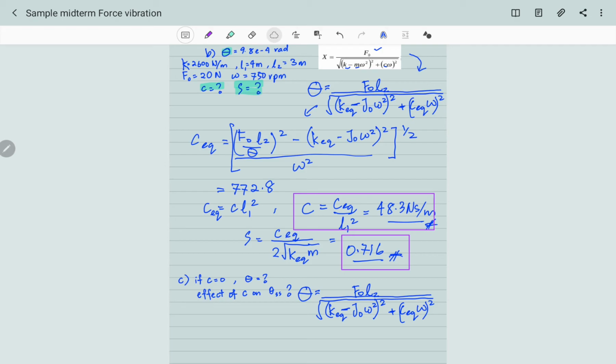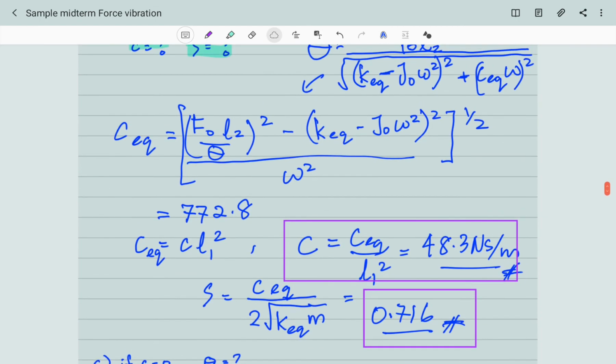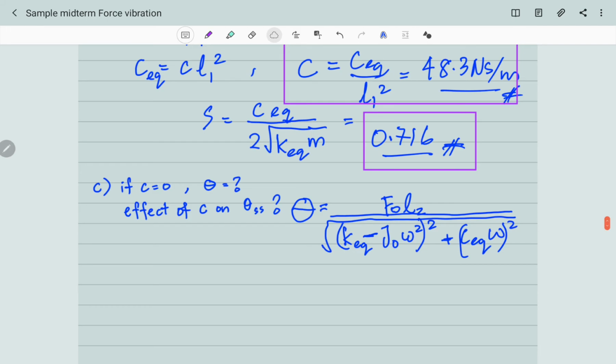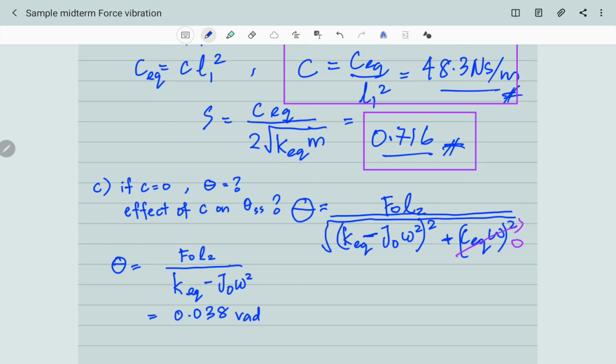For part C, your C is equal to 0. If you remember, we have this equation in part B, but now this part here is equal to 0. So it will be easier, because if your C equivalent is equal to 0, you will just end up with this equation.